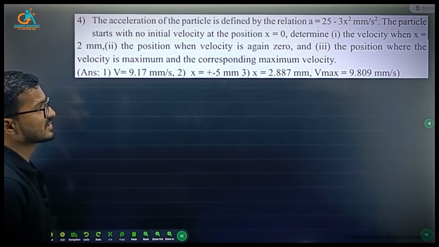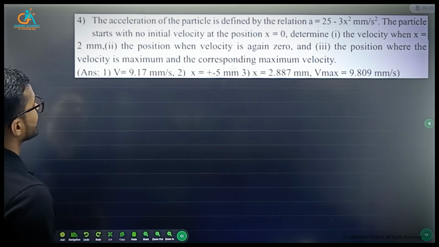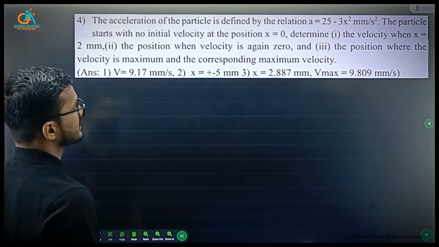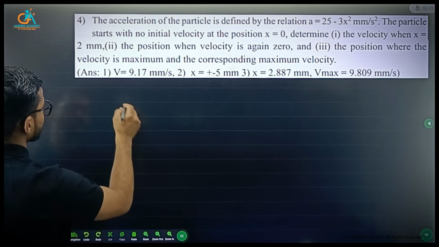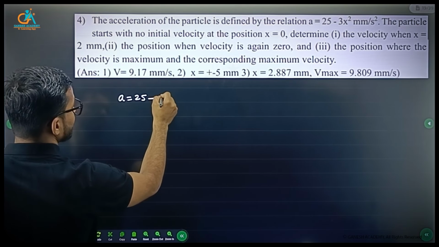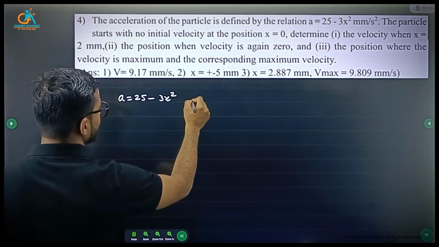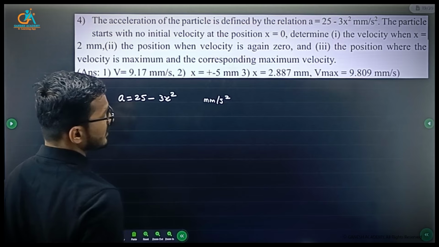Okay, next question is again on the same topic, kinematics, where the acceleration of the particle is given. The relation is given, a is equal to 25 minus 3x square, in mm per second square.